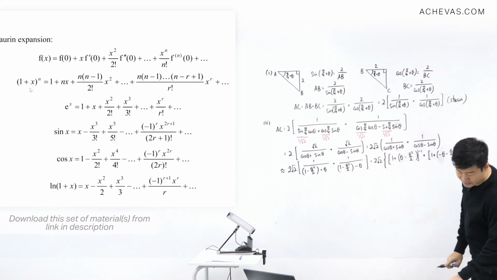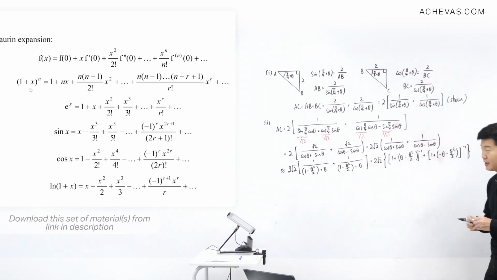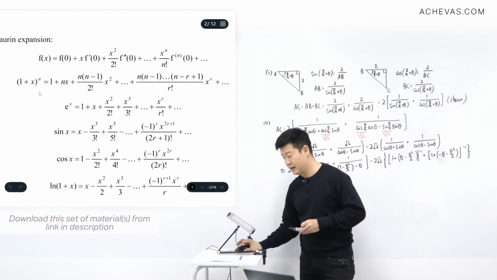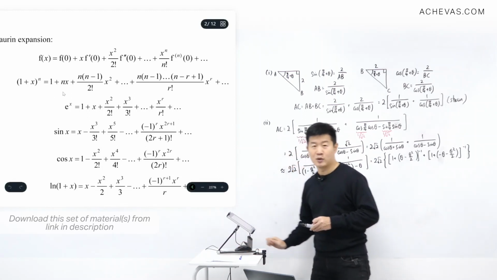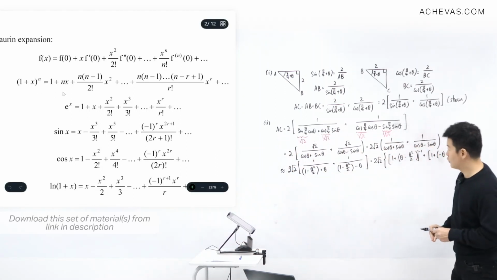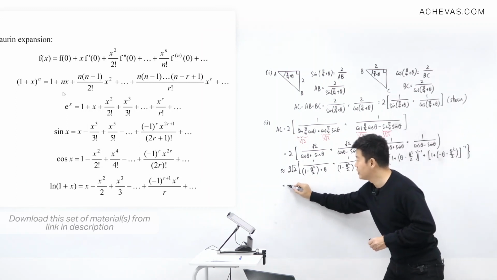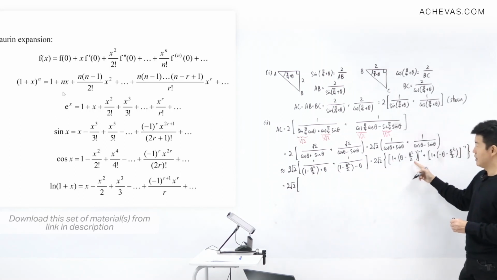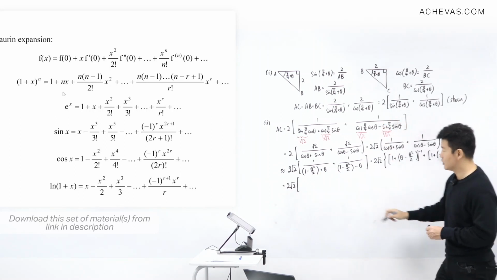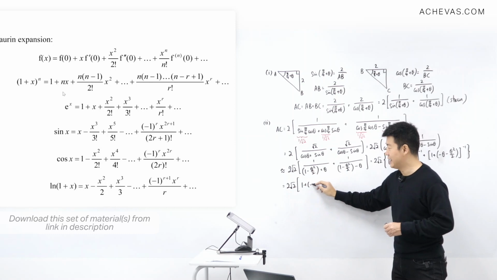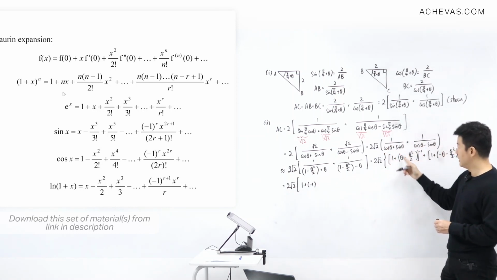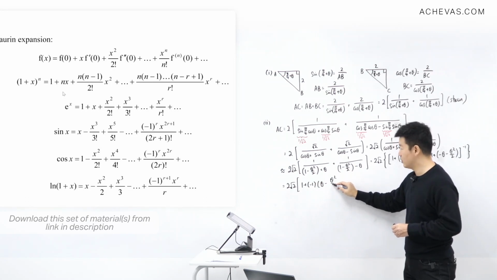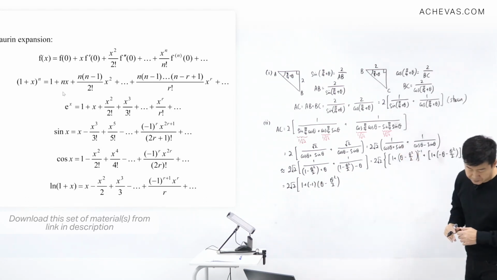The other form looks like this, and now we are ready to do an expansion based on this second formula that is inside our MF26, inside our formula sheet. So it will be 2 square root of 2. Let's expand this. Using what we have here, it is going to be 1 plus n, which is minus 1, then x, which is theta minus theta square over 2.